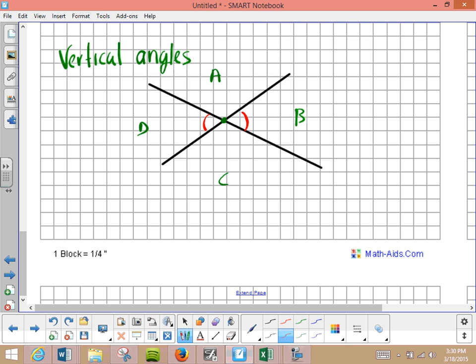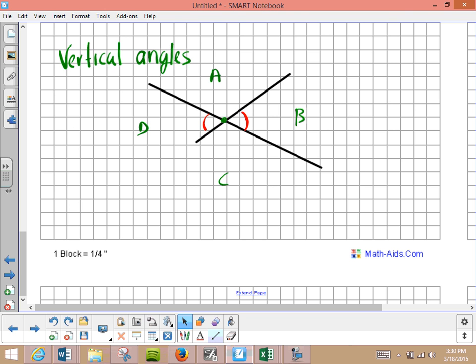Did you say these are the same degree? It looks like this side is bigger than this side, but they would still be the same. Yes, that's a good observation. If I were to make this shorter, would it make much of a difference?